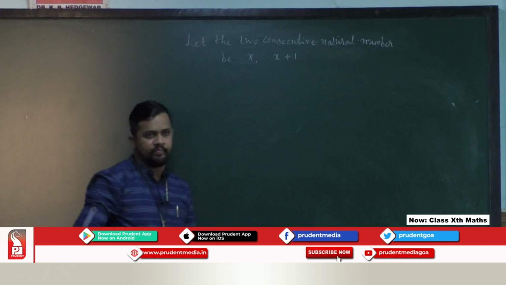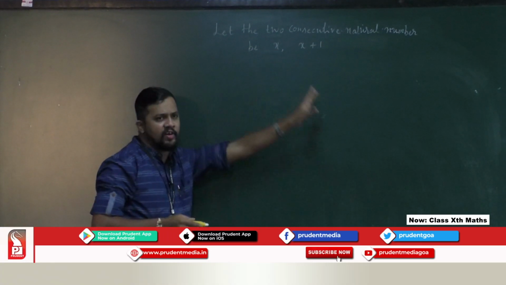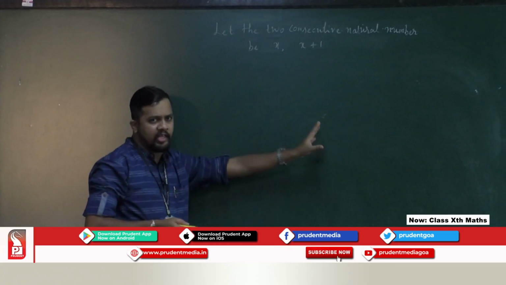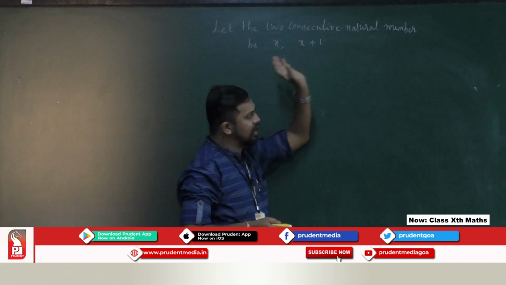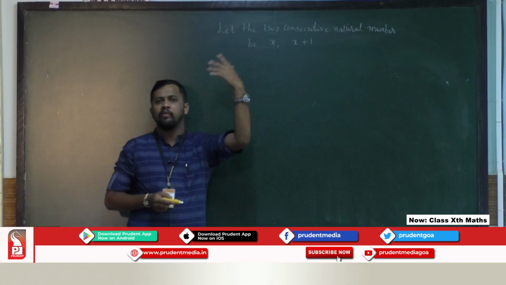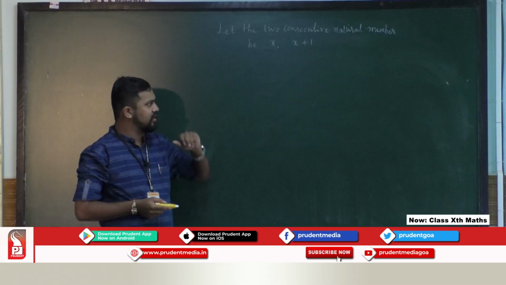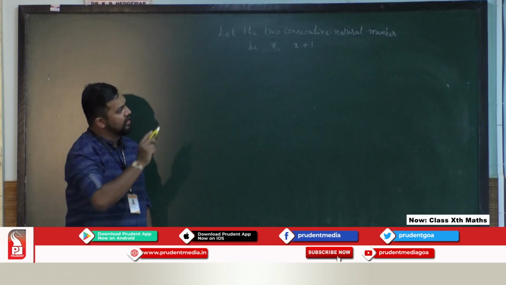Consecutive means one after the other, so first number is x. I wrote it directly. I don't have to mention let first number be x, let second number be x plus 1. You can directly write also. So let two consecutive natural numbers be x, x plus 1. If there are 3, I would go to x plus 2. Like this continuation. So my unknown things, I wrote x and x plus 1.